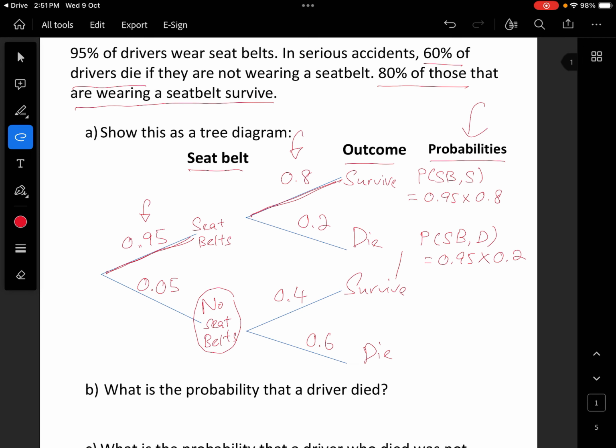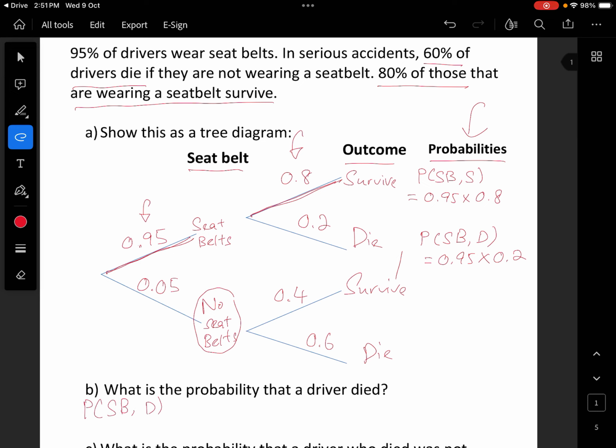It says, what is the probability that a driver died? We need to look at possible outcomes where a driver could die in this scenario. If we look at the tree diagram, there is a chance that he could die if he wears a seatbelt.